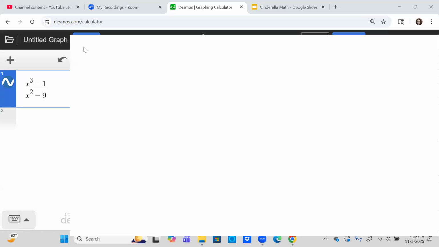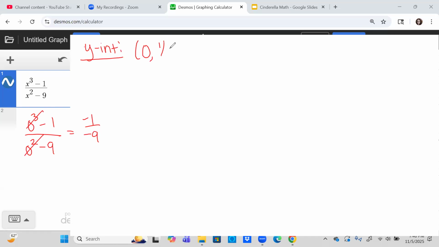Okie dokie. So again, let's start with the y-intercept. We do this before factoring. Plug in 0. So that would be 0 cubed minus 1 over 0 squared minus 9. So that's -1 over -9, which is positive 1/9.